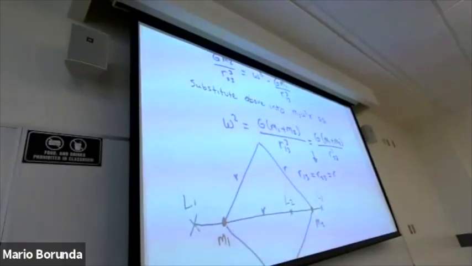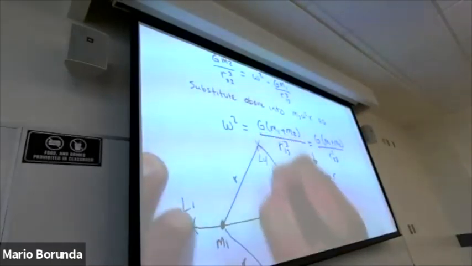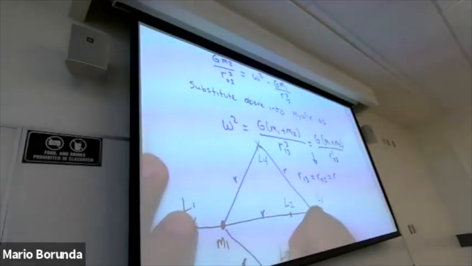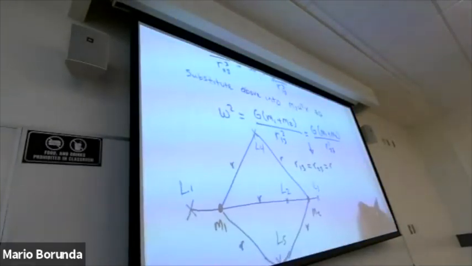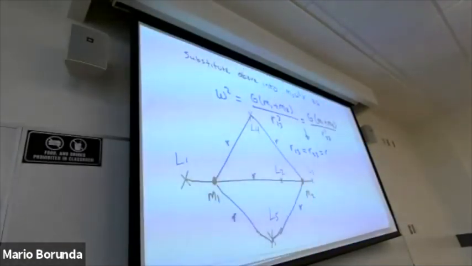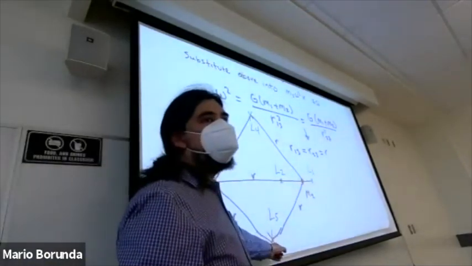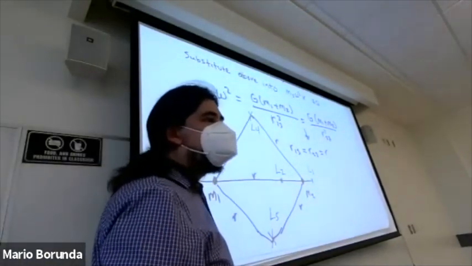Let's assume that they're in the same distance, R and R. There's a point right here, L4, and then there's a point right here, L5. So it should look like this. L4 and L5 should look symmetric because they are. It's just that I ran out of paper.